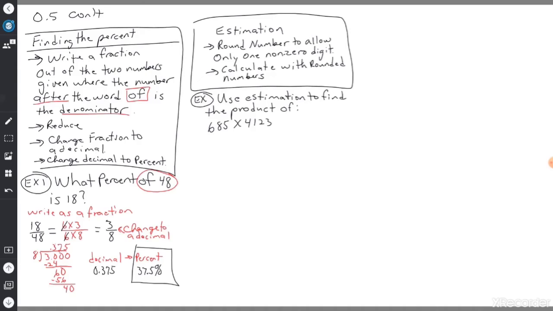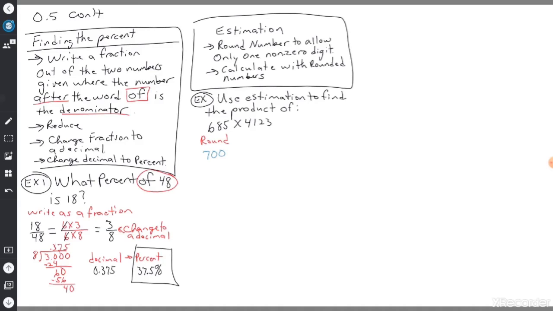So in our example here, we have 685 times 4,123. And we want to use estimation to multiply those two. So first thing that we want to do is round the numbers. So 685, well, 6 is the first number, so the second digit is 5 or more, so the 6 is going to go up to 7, and this will become 700.